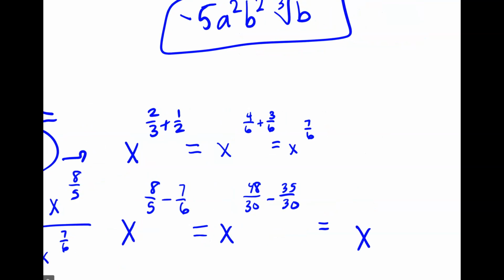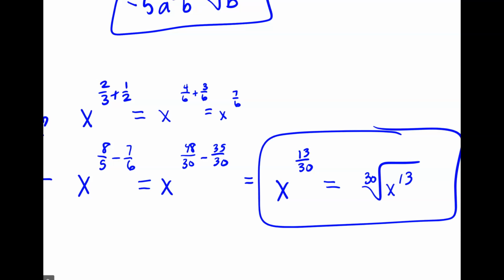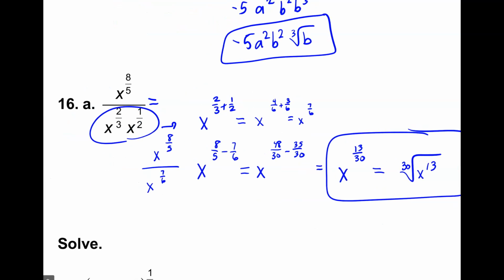Something like that, 13/30ths. x to the 13/30ths. How would you write this? 30th root of x to the 13. Either one of these I would accept as correct. I would give you a nicer problem that would work out better than 13/30ths. Maybe something like 2/3, right? But you can expect a question like this, but it'll work better.